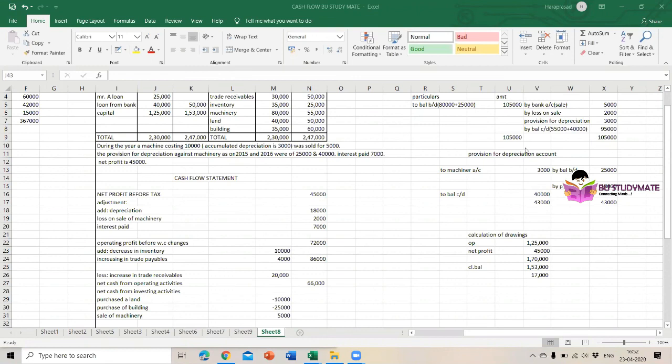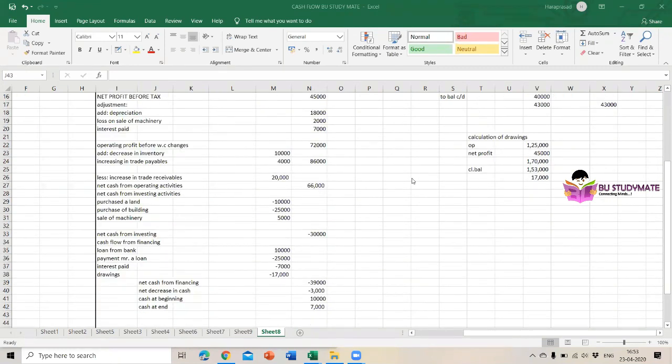In this way we got the 95,000 rupees. Because while calculating the asset price, we have to add back the depreciation. While we are selling, we have to deduct the depreciation. Okay, did you get this answer?